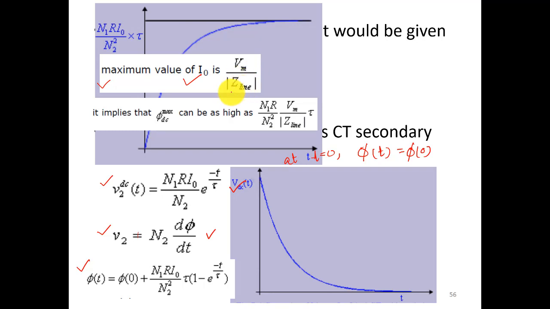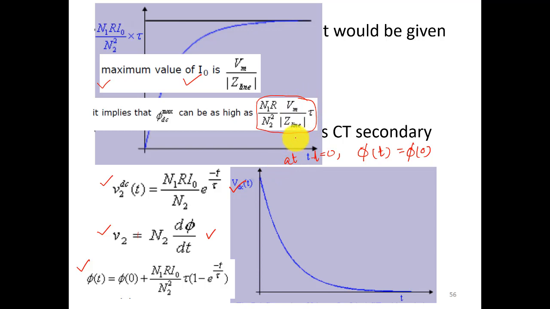It implies that phi DC max can be as high as this. By substituting I naught in your flux equation, phi DC max becomes N1 R by N2 square Vm by Z line.